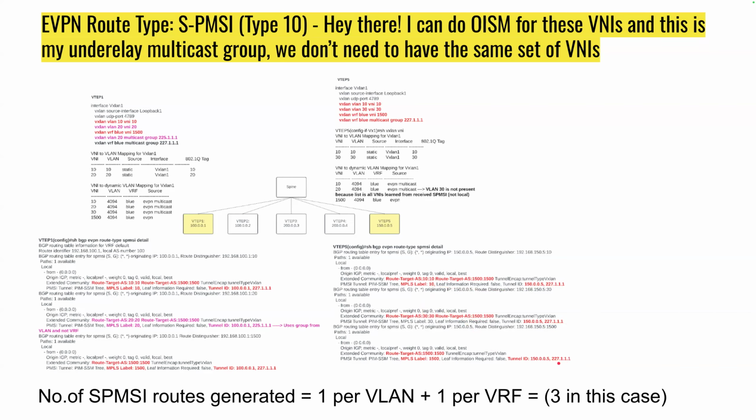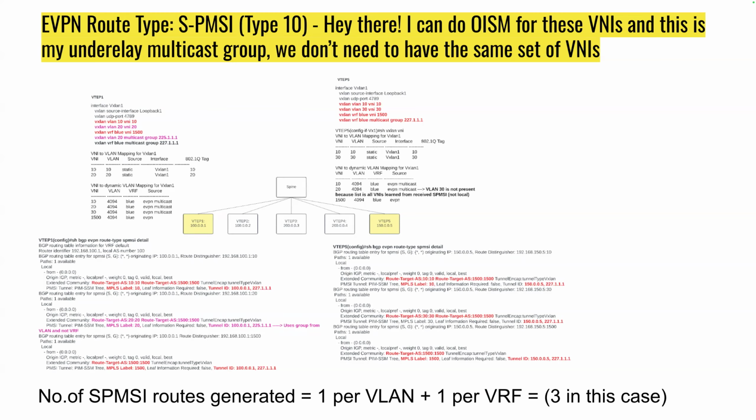But as you see on the left side, you have specified a group which is 225,111 for VLAN 20. Now the SPMSA that is generated for VLAN 20, you will see is using the group 225,111. So if you specify the group for the VLAN, that is what is going to be used in the per VLAN SPMSA. Okay, so that is a difference we have to understand.